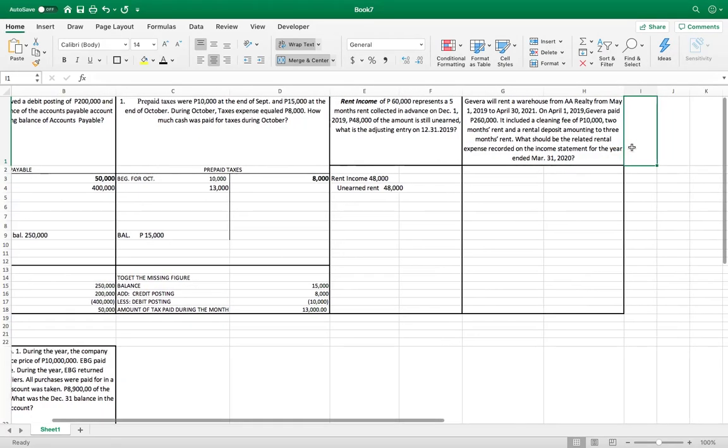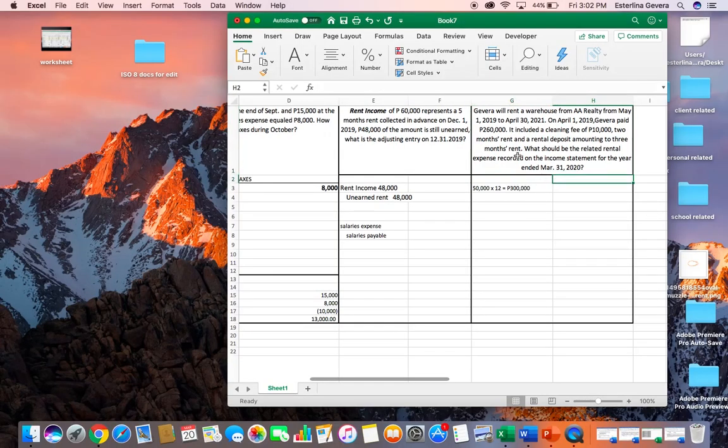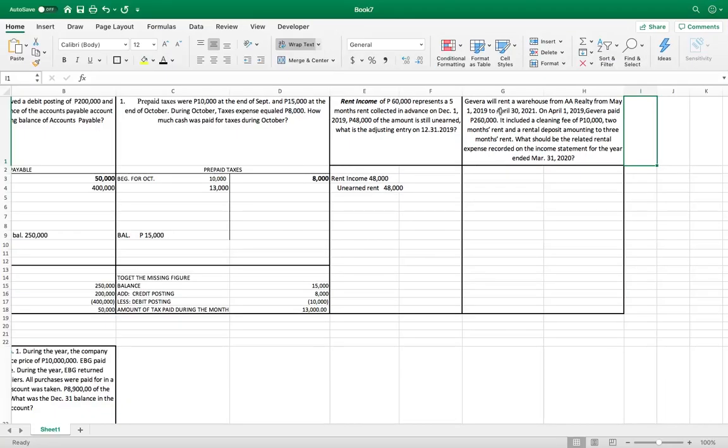Next, I have another problem on adjustments. Another problem on deferrals, but this time it is deferred expense, rental expense. Hevera rents a warehouse from AA Realty from May 1, 2019 to April 30, 2021.